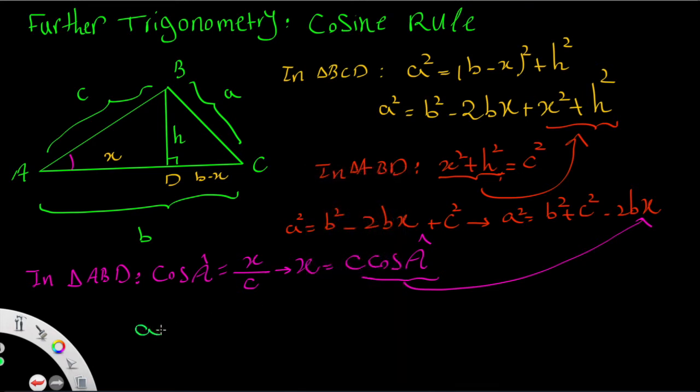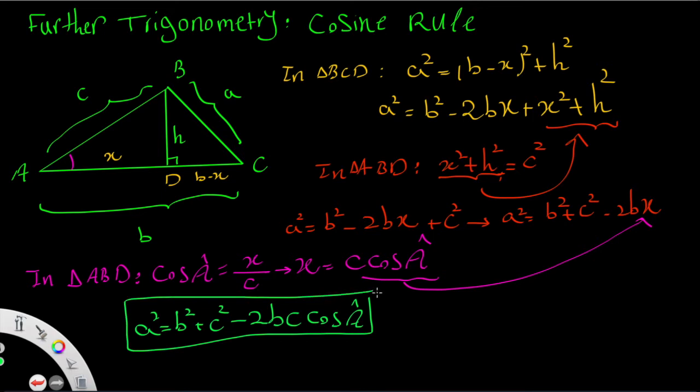What we obtain is a squared is equal to b squared plus c squared minus 2bc cosine of angle A, which is known as cosine rule. This formula can be extended for other sides as well.